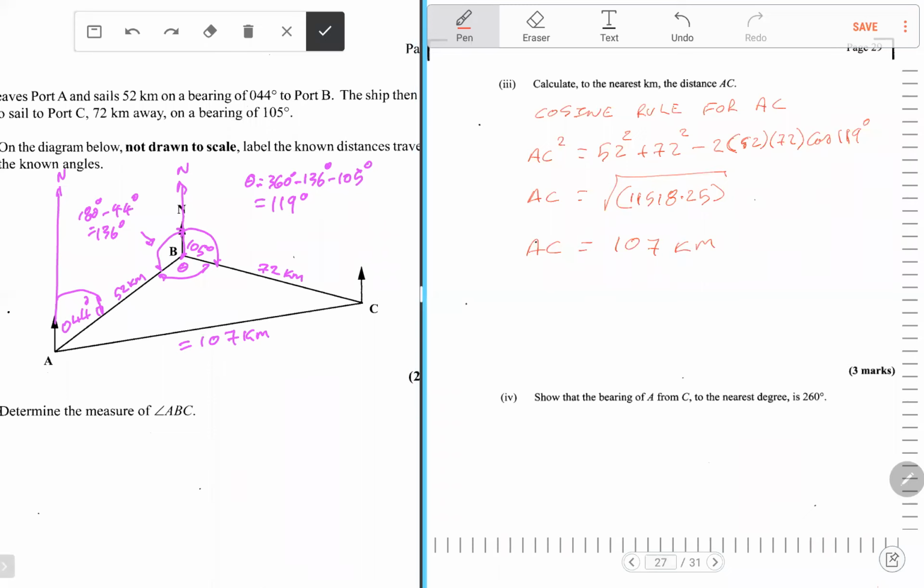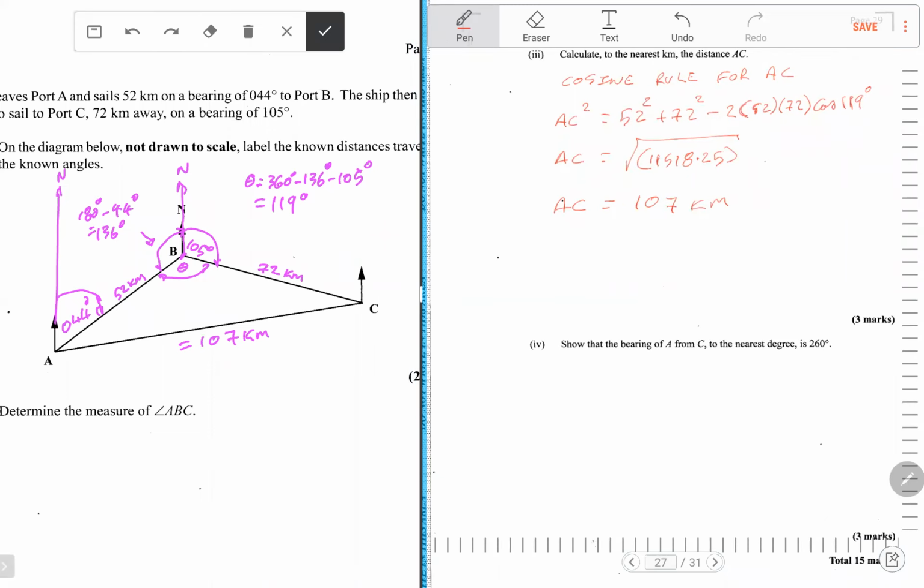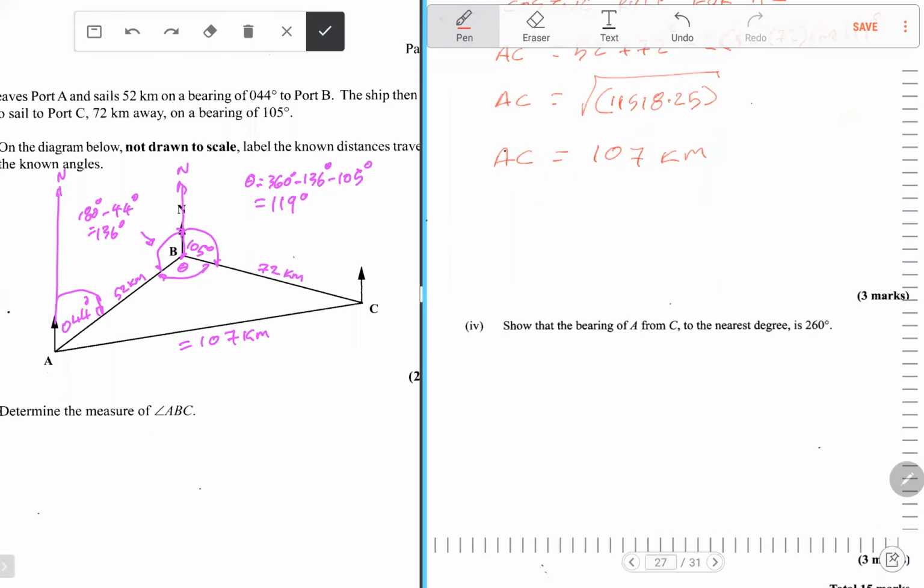Next part now says to show that the bearing of A from C is 260. Remember, bearing is always measured from the position. I always tell the students, if you want the bearing from this point, the angle inside the triangle at this point, let's call it alpha, will more than likely play a part in the calculation.